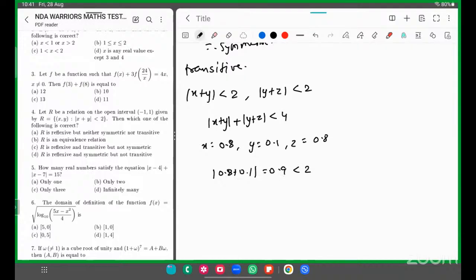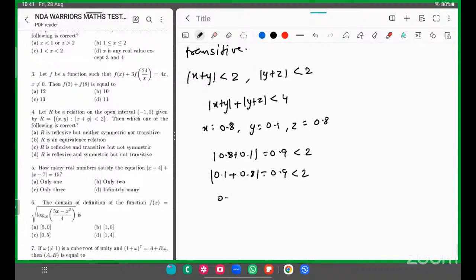Fine. Again, 0.1 plus 0.8, if I add it, I will get 0.9, which is also less than 2. Then 0.8 plus 0.8 is equal to 1.6, which is also less than 2. Fine. So I think it will satisfy.